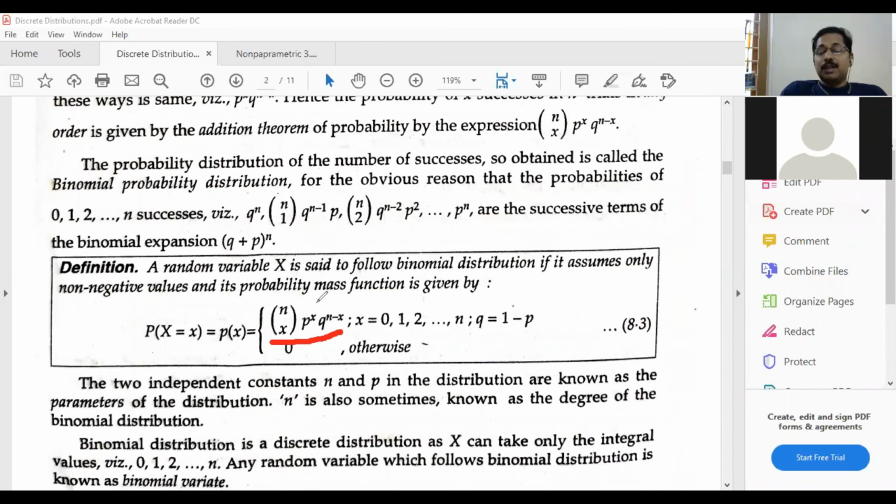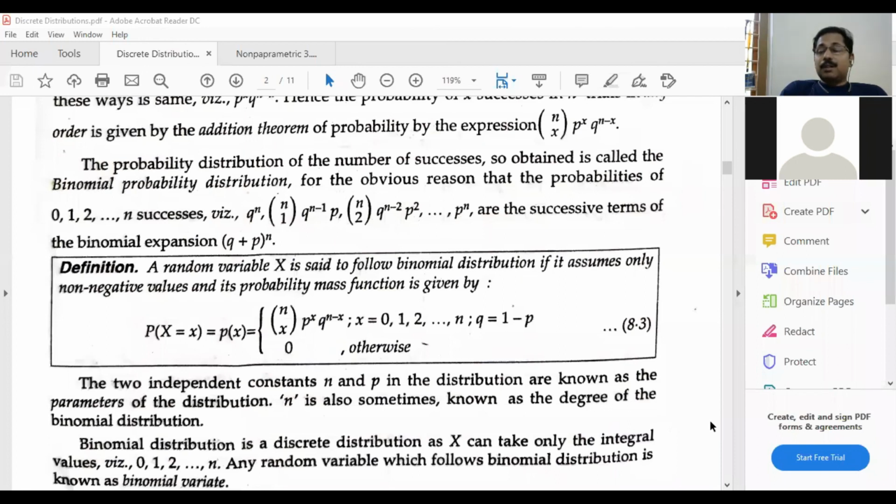If you sum this function from x equals 0 to n, that is (p plus q) raised to n. But you know p plus q is 1, since q is 1 minus p. So the summation should be equal to 1. That means this is a probability function. This is about the binomial model.